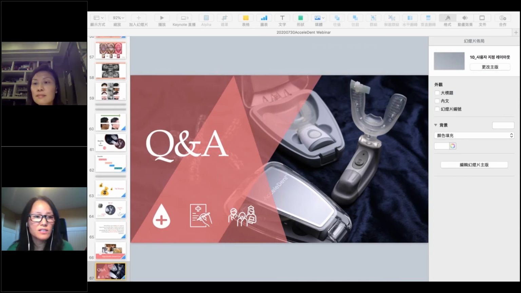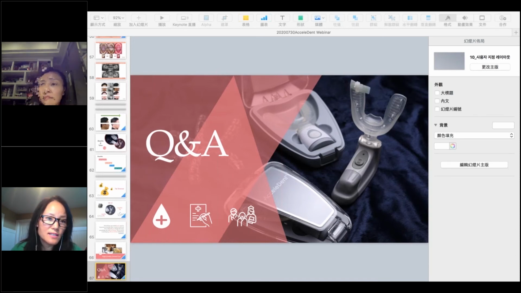I have another question. What is the most important benefit you have discovered using AcceleDent? With this, usually the patient's feedback, the first one is less pain. When they use the first 8 aligners, they feel more pain.